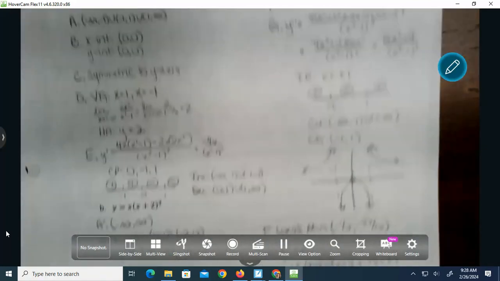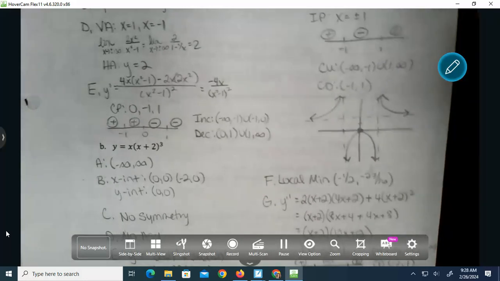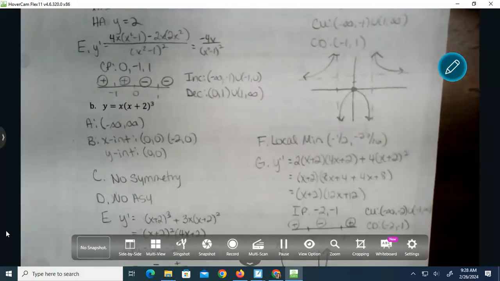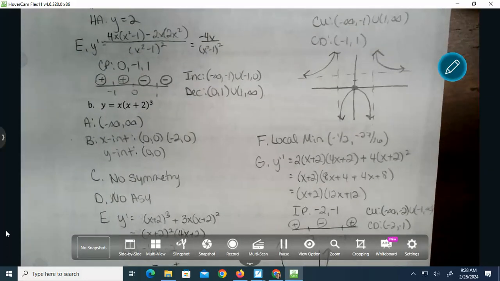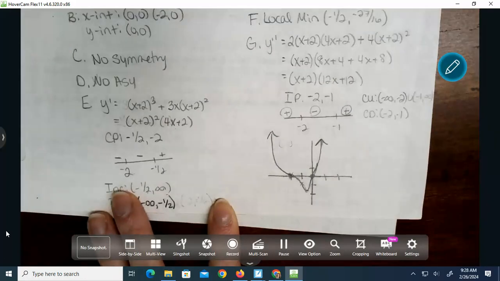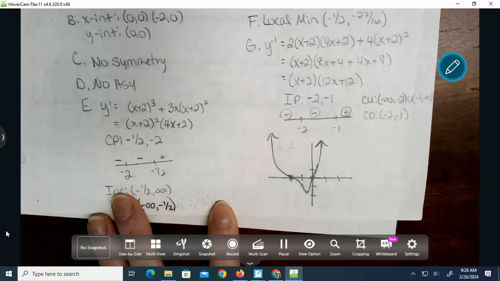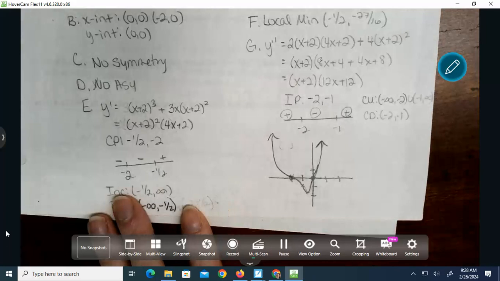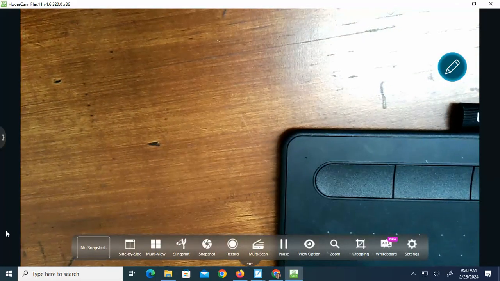Here's your graphs for A and B, so you can make sure those are on the right track. Let's look at 4 and 9 then. Let's see how much time we have left after that.